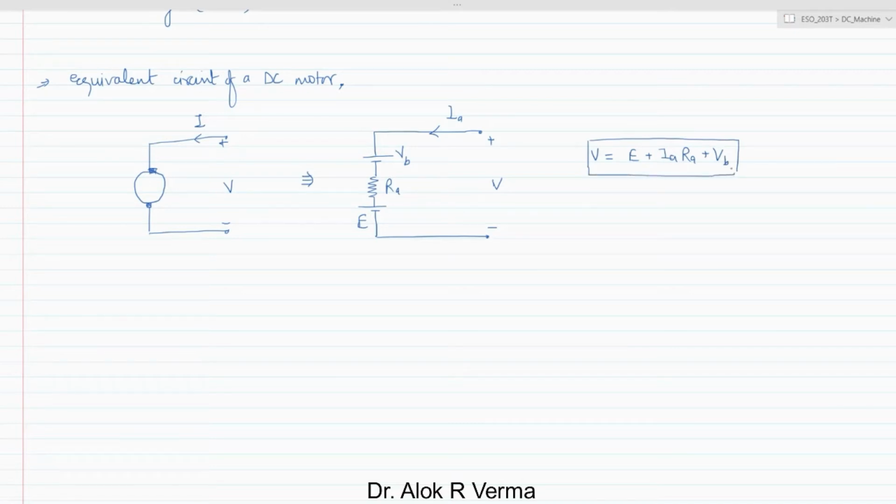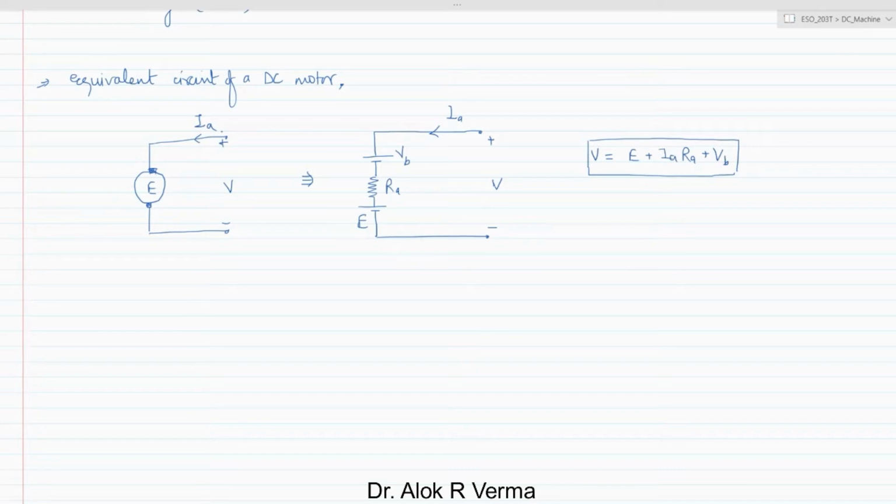When the brush voltage is not given, you can assume it to be 0. If it is given, you have to consider it. If it is given per brush, you have to multiply by 2, because you have the positive and the negative DC terminal where the brushes are connected. So there will be a pair of brushes; a single brush cannot be used. The EMF is generated by this and it carries a current of IA.